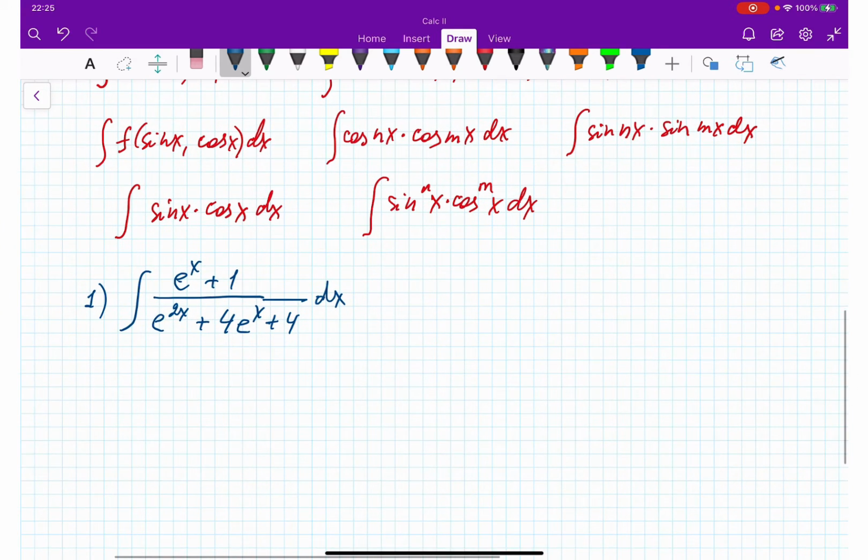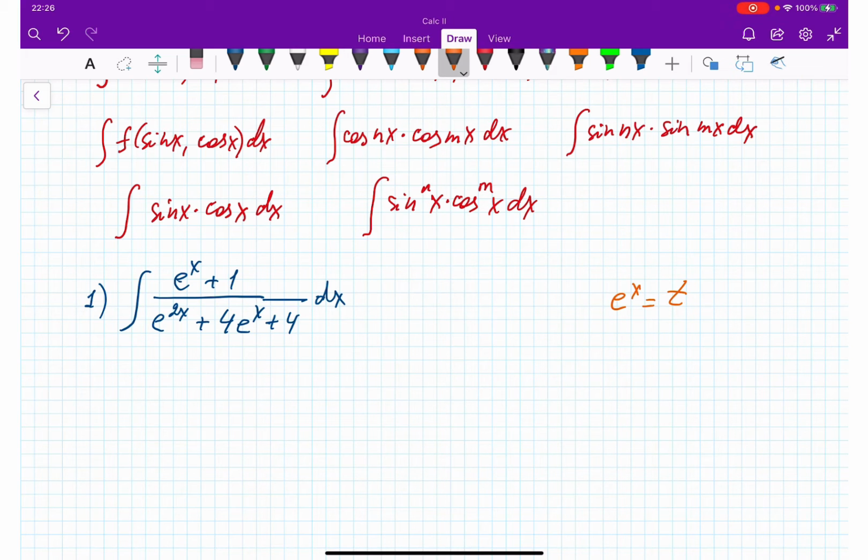Okay, so we need to do a substitution, and the substitution is going to be e to power x is equal to t.